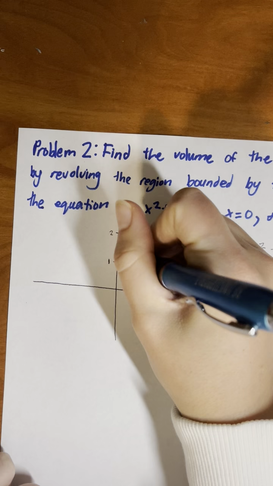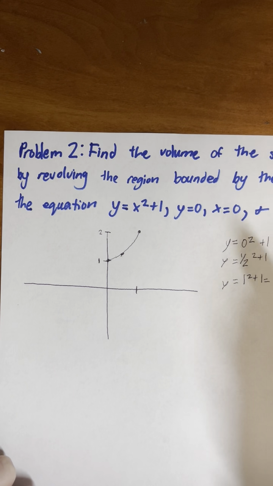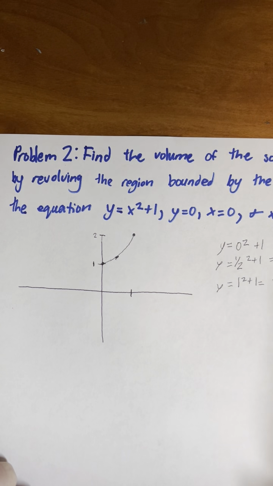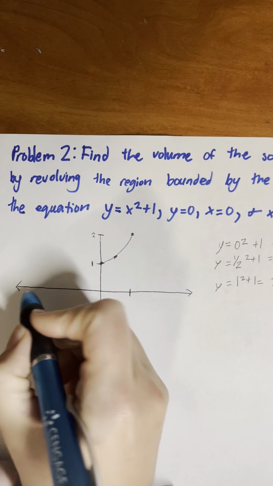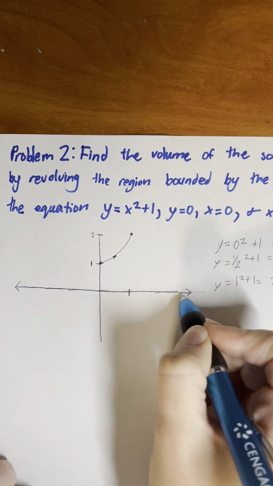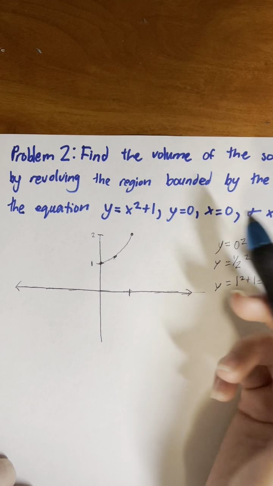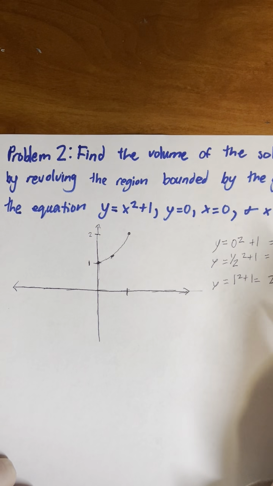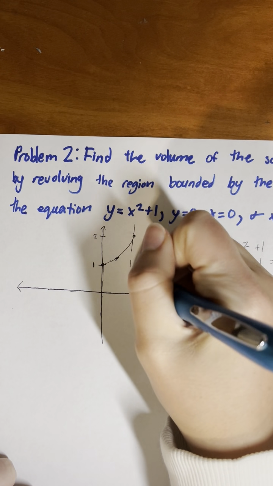So we have a curve that looks like this, and then we have to take y equals 0 and do the boundaries. So y equals 0, which is the x boundary, so we just make that a boundary across right here, and then we see that x equals 0, so that's the y boundary that's down to here, and then x equals 1, so that's going to be a boundary right here.